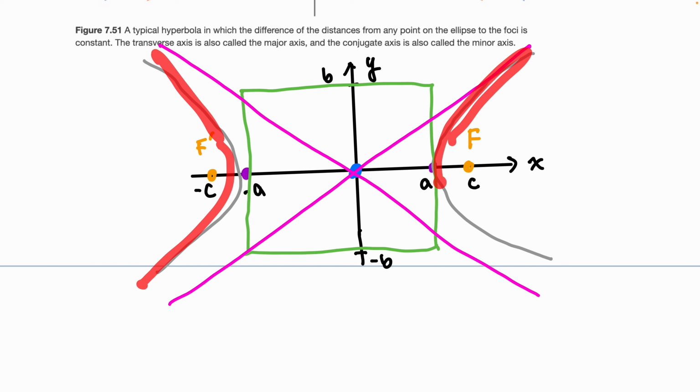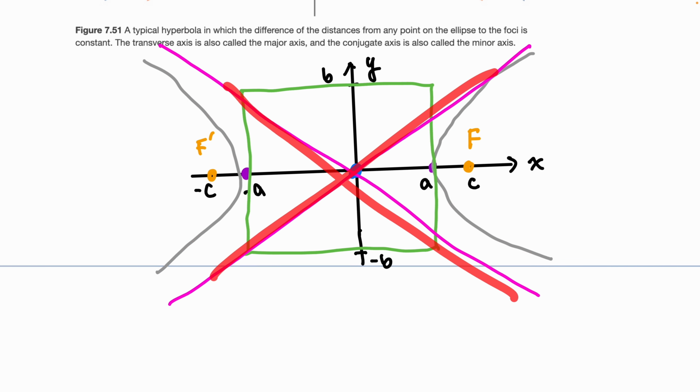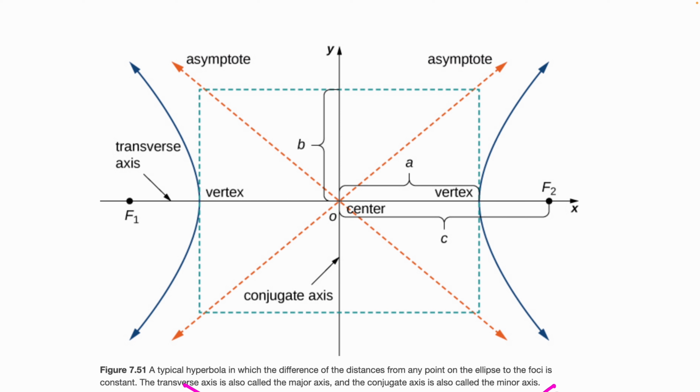The hyperbola wants to tend towards those diagonals on the fundamental rectangle. Let's look at the book's picture. Here we have the diagonal, and then we have this guy here, the fundamental rectangle. The fundamental rectangle is going to determine our value of B.